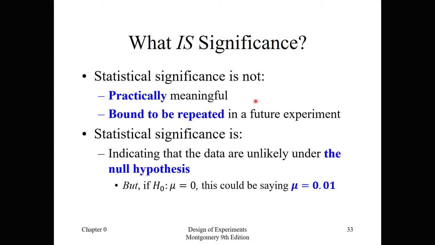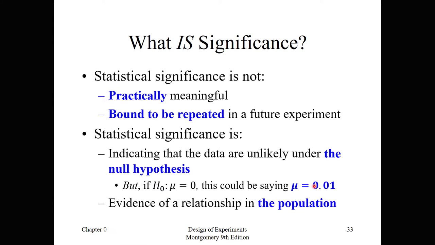So if we say the data are unlikely under the null hypothesis, this could be saying that mu equals 0 is unlikely, but mu equals 0.01 is very likely. And that's why one of the ways that we can get something that's statistically significant but not practically significant is if the difference is 0.01, this could be a statistically significant difference from 0, but not a practically meaningful difference. This especially happens when we have a ton of data.